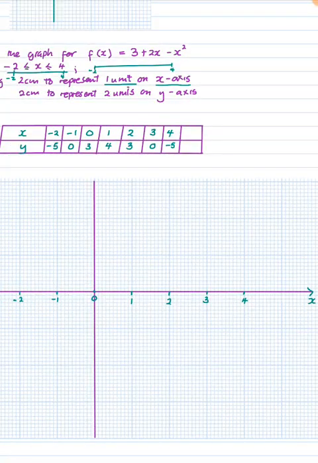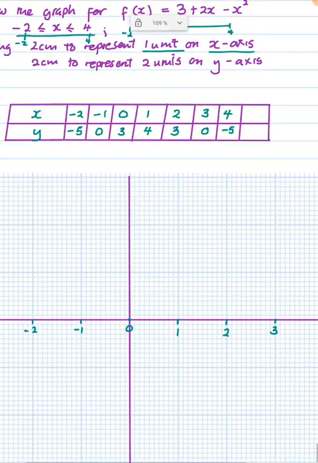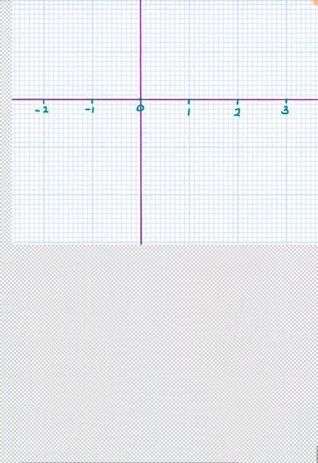Then going to the question, it says 2 centimeters to represent 2 units on the y-axis. So on our y-axis, 2 centimeters represent 2 units. Then the y-axis starts at minus 5 and goes up to 5. So it says it represents 2 units, and so we go here and say minus 2, then this one is minus 4, and then this one we have minus 6, because our 5 will be in the middle here, so we end at minus 6.